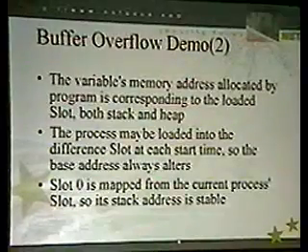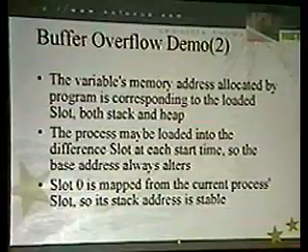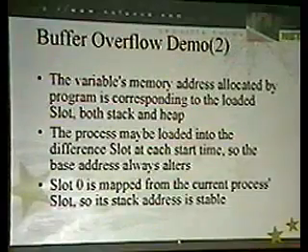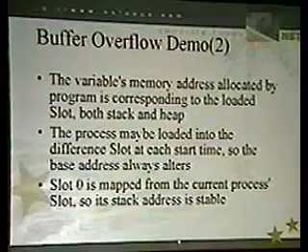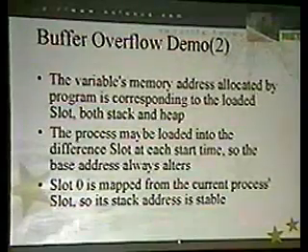But we know that slot 0 is mapped from the current process slot, so its stack address is stable. Anyway, you can use a jumper instruction address to let the program flow to your shellcode.